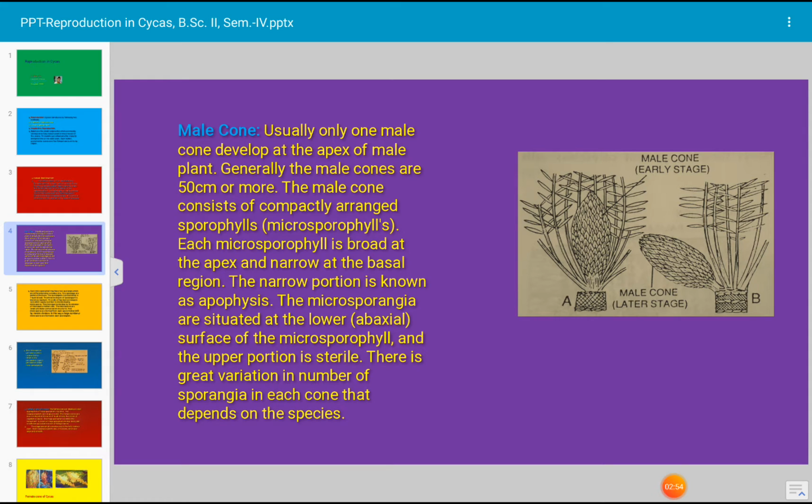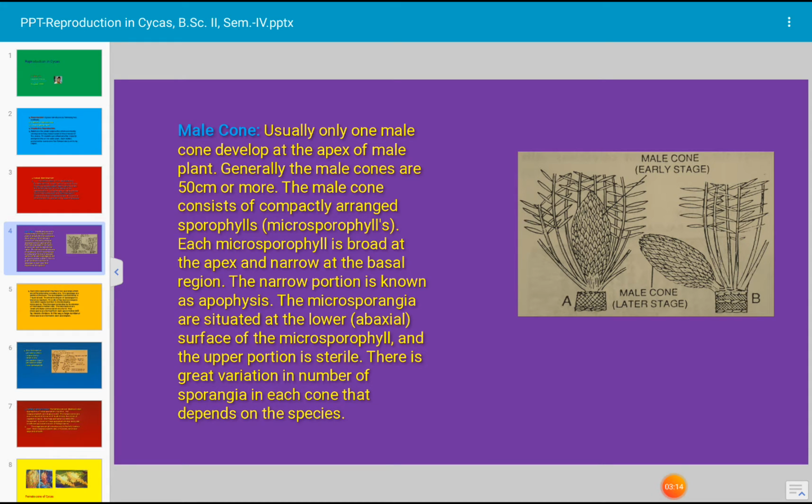These are also called microsporophylls because microspores are produced in the sporangia. Each microsporophyll is broad at the apex and narrow at the basal region. The narrow portion is known as apophysis.